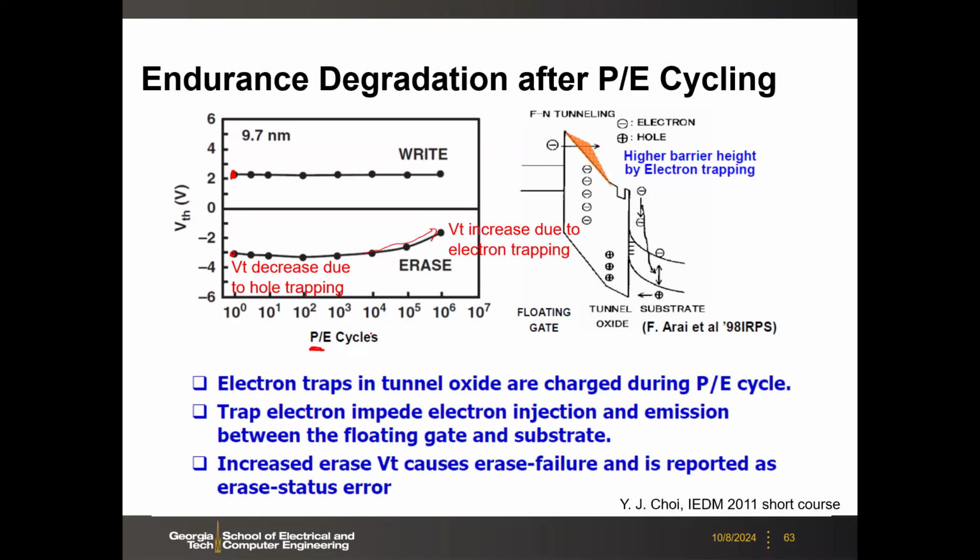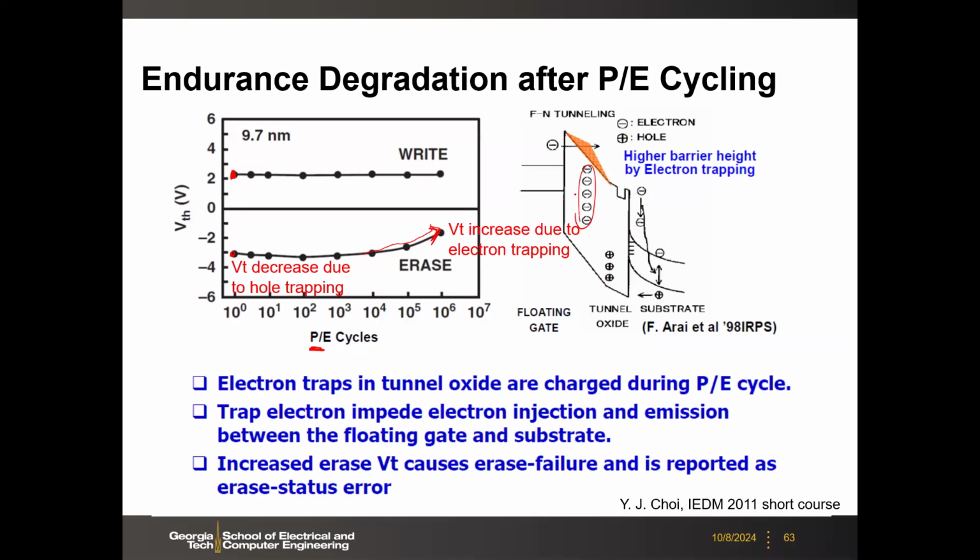Here you keep the same programming condition. You are not going to change the pulse width or pulse amplitude for the programming. So you see that the VTH increases. That is because over the cycling, you inject electrons into the floating gates, but some of them may be trapped in the tunnel oxide or at some interface trap sites.